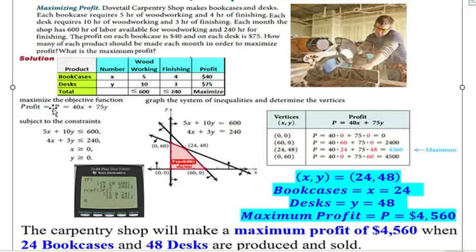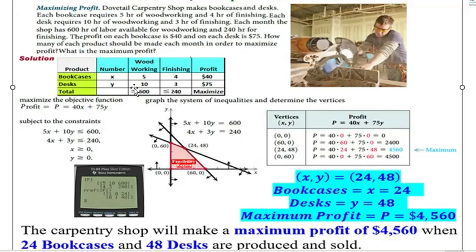So the objective function is the profit, 40x plus 75y, and this is what we are trying to maximize. Of course, it is subject to the constraints, that is 5x plus 10y, the maximum you can use is 600 hours or less.